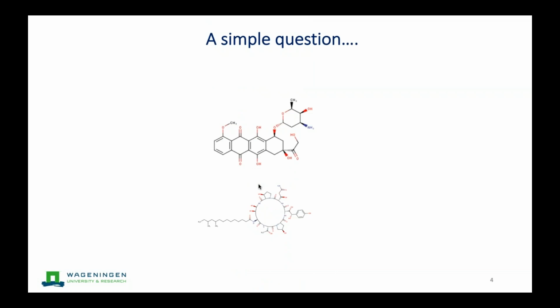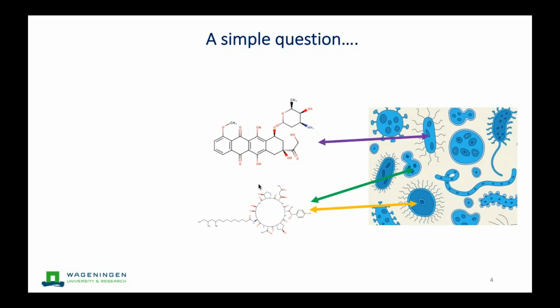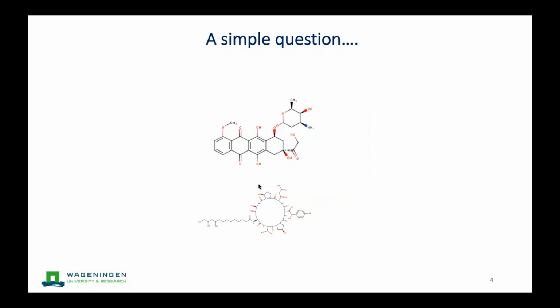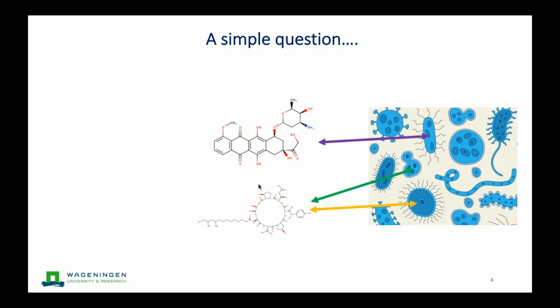So let me start by asking a relatively simple question. Say we know these two metabolites. One is a polyketide, one is a peptide. Then we can start to ask questions like, where are they coming from? If you are working with bacterial data, you might realize they are most likely produced by bacteria.